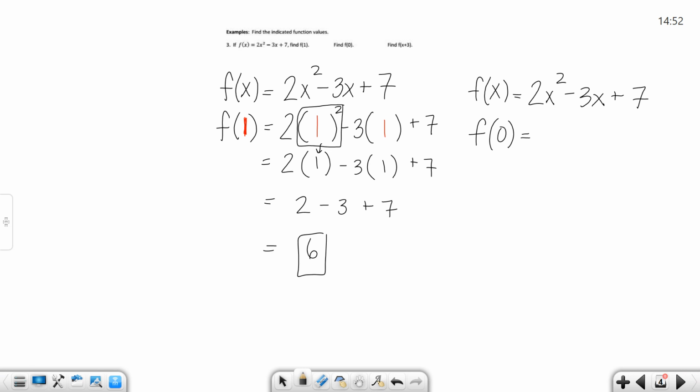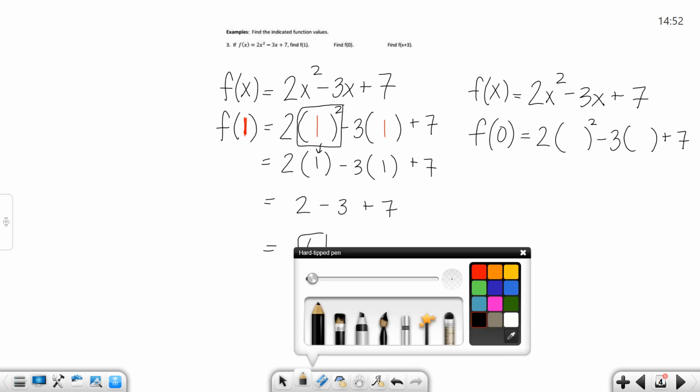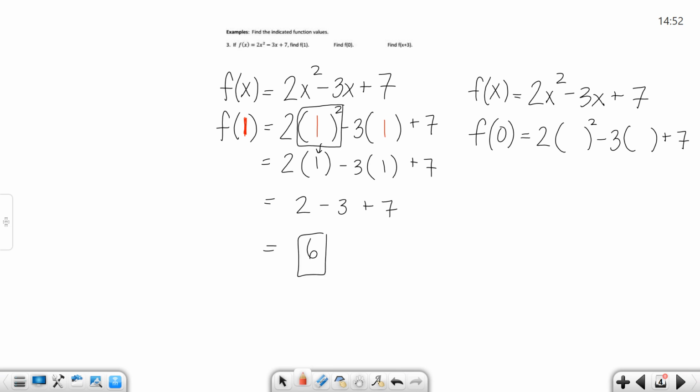Okay, working on another one, I want to plug in 0. So that's 2x squared minus 3x plus 7. Zero is what's in parentheses, so that's what I'll put in the x parentheses, 0 and 0.